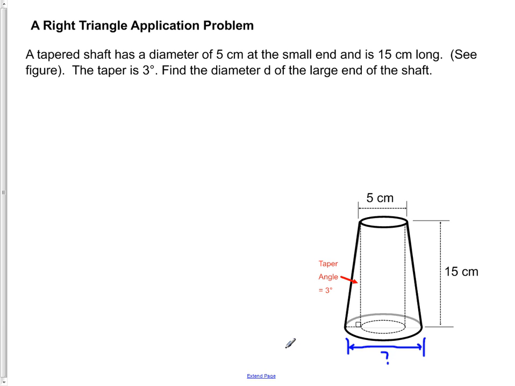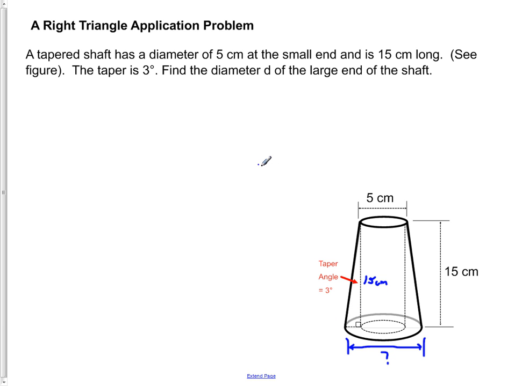Well, in order to find out, we're going to have to do a little bit of a calculation. In this case, our calculation involves this taper angle and this right triangle. And we might note that if the shaft is 15 centimeters from top to bottom, we've actually got a right triangle enclosed inside of the internal structure of this cylinder, right?